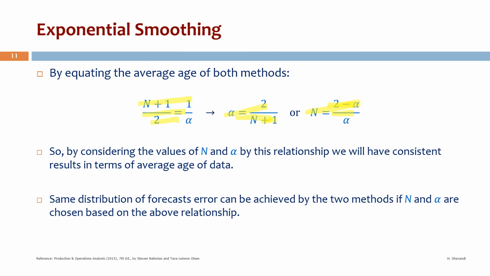And what do we mean here by consistency between these two methods? We mean that we'll have the same distribution of the errors obtained by these two methods if n and alpha have this relationship.